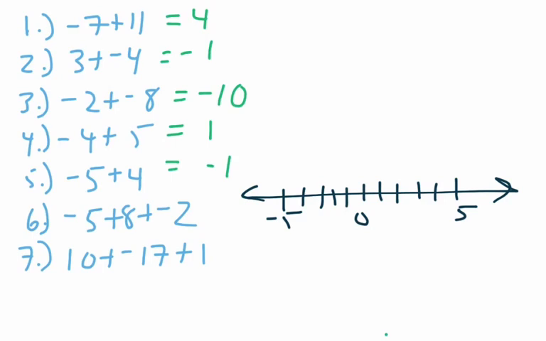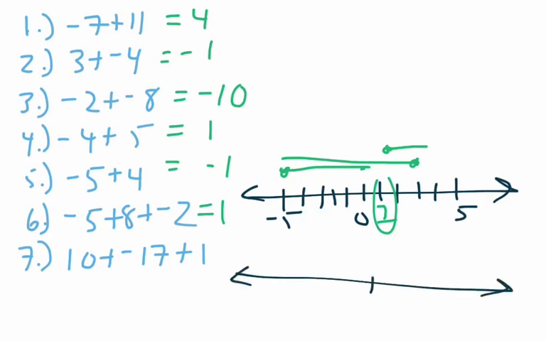Okay, so for this one, we start at 0, we go left 5, then we're going to go right 8, okay, and then left 2, and you should have landed at the positive 1.